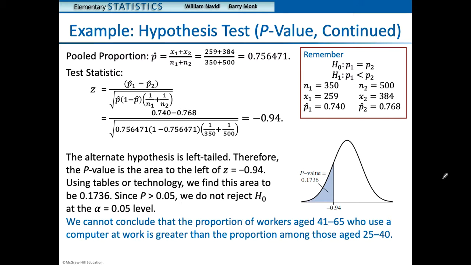So we would choose to not reject the null hypothesis at the 0.05 level. And we would finish by saying we cannot conclude that the proportion of workers aged 41 to 65 who use a computer at work is greater than the proportion among those aged 25 to 40.